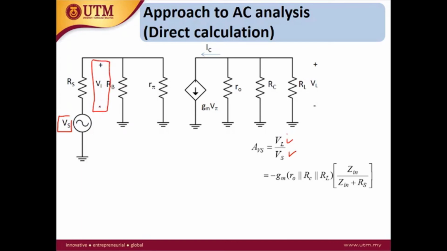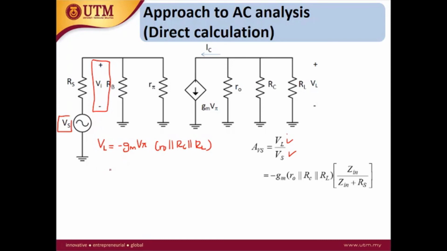So Vi is lesser than the Vs. So how can we calculate this one? Okay, VL we have done the analysis. VL is minus Gm V pi times R node parallel with RC parallel with RL.